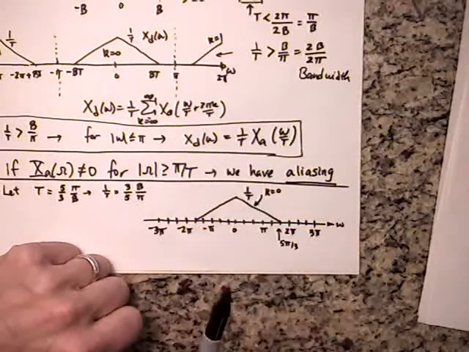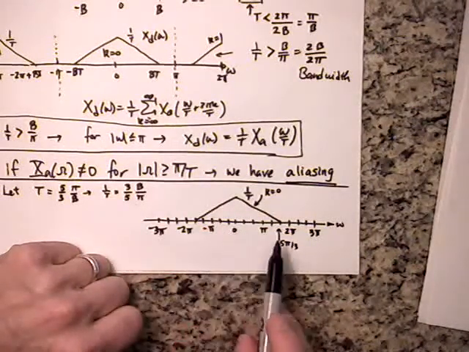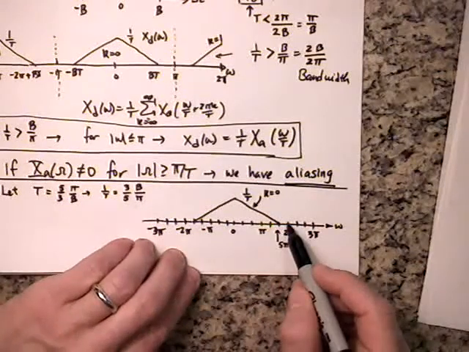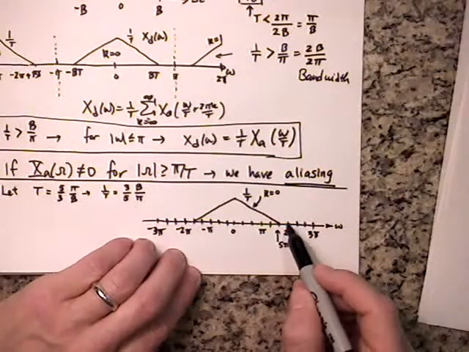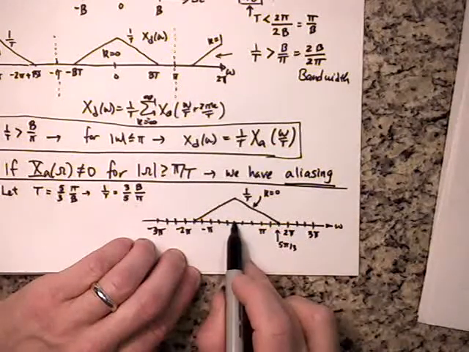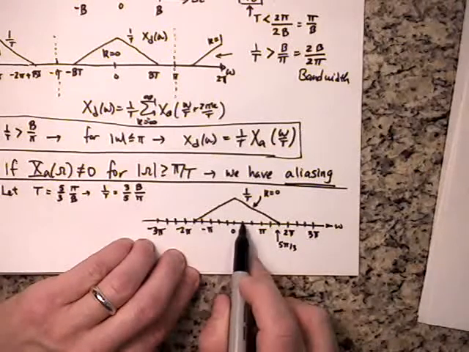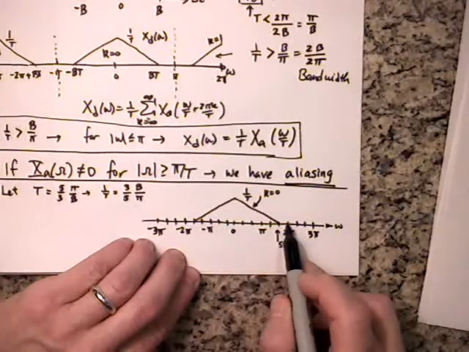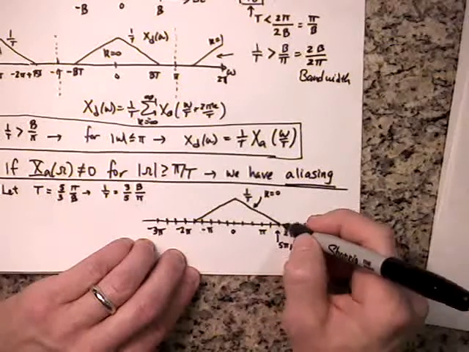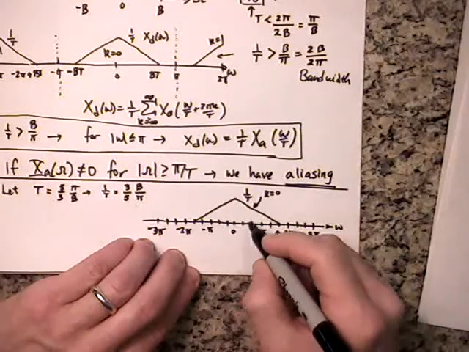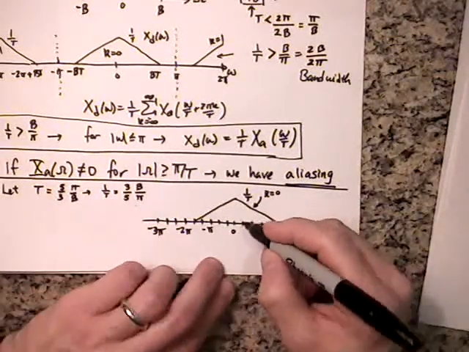Now, where does the k equals 1 term go? The k equals 1 term is always going to be centered at 2 pi, but now it's going to reach back from 2 pi. So centered at 0, I go from 0 up to plus 5 pi over 3 and to minus 5 pi over 3. Centered at 2 pi, I have to go forward 5 pi over 3 and backwards 1, 2, 3, 4, 5 pi over 3.